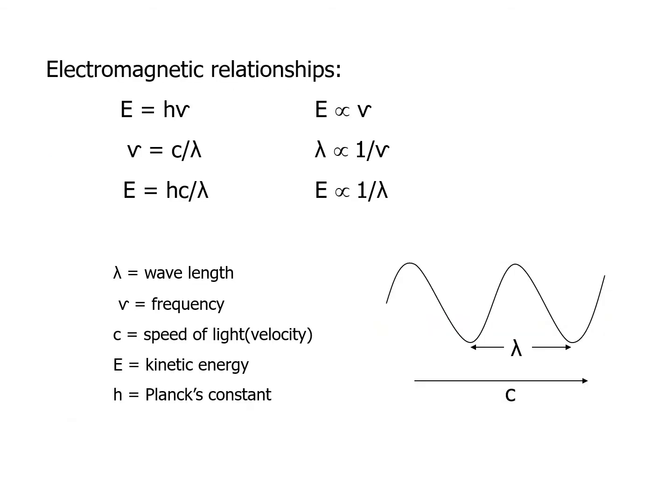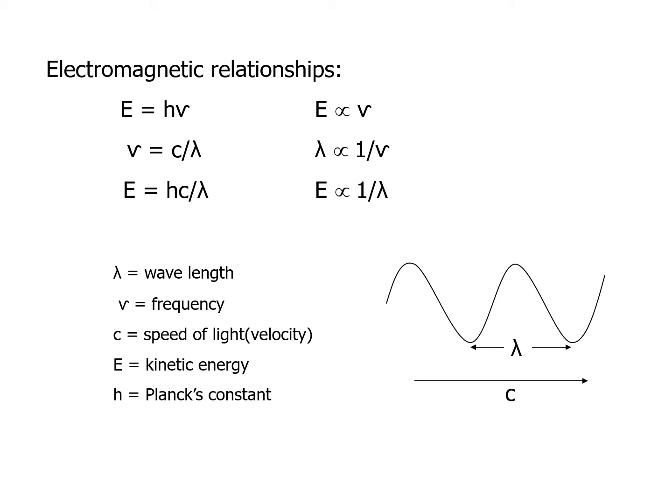So let's take back again to the kinetic energy formula, which is given by Planck's constant times frequency, whereas the frequency is given by speed of light or velocity divided by wavelength.